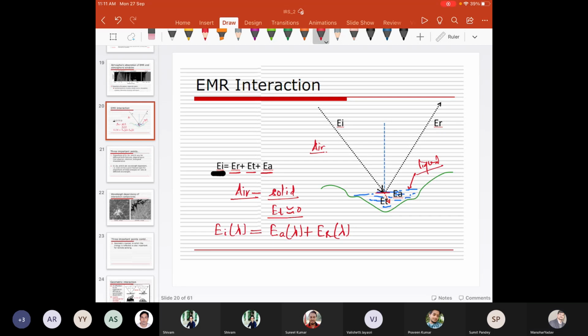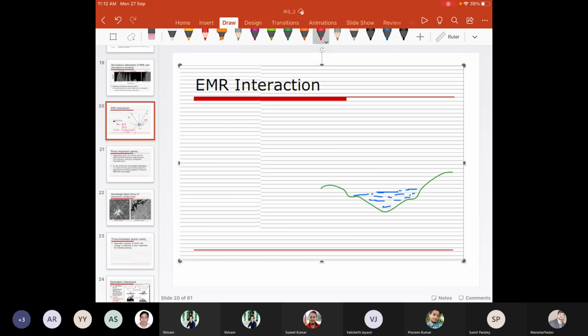Now we need to normalize it. So you divide this equation, equation 1, by the incident energy. On the left hand side, you have 1. 1 is equal to, on the right hand side, if you divide reflected energy by the incident energy, let's say I use the term alpha over here.